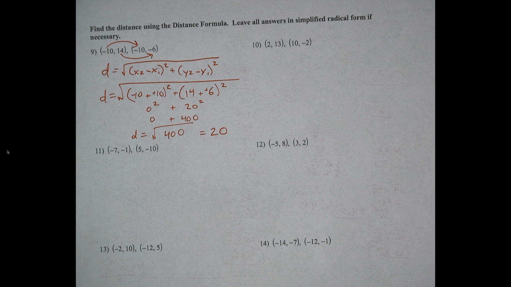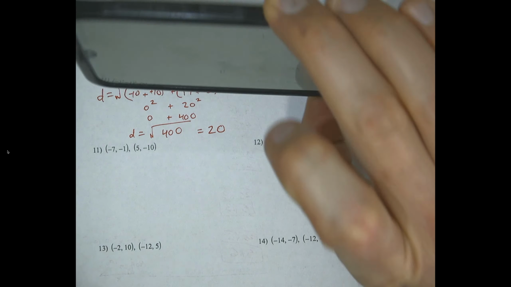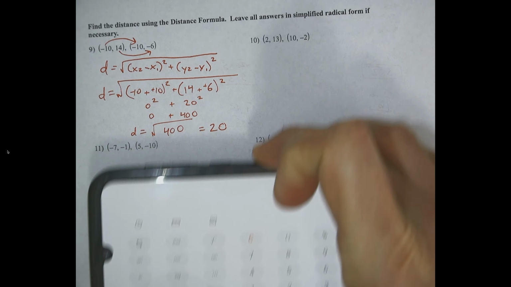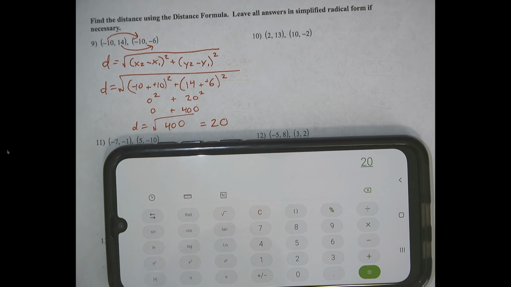Just a quick reminder, if you're working at home without a fancy calculator, grab your phone and find your calculator function. You would just turn it sideways to get your extra scientific functions. Here's my square root of 400, and there it is, 20.